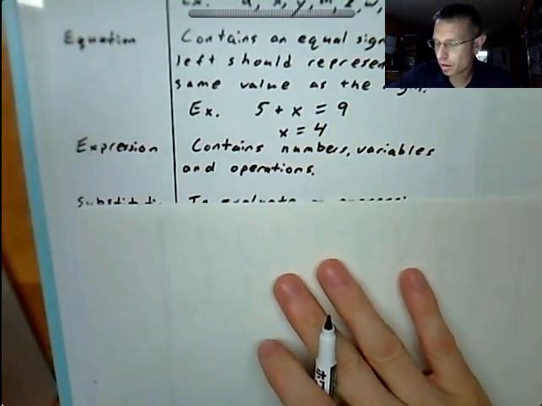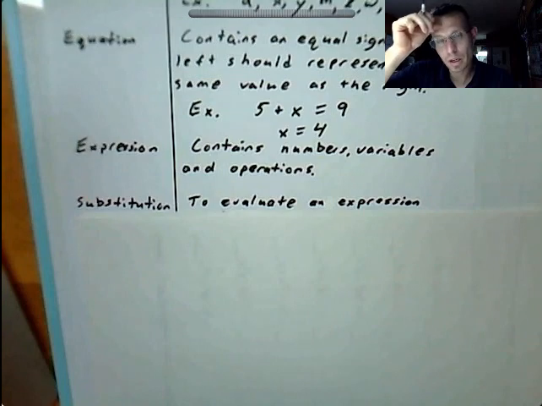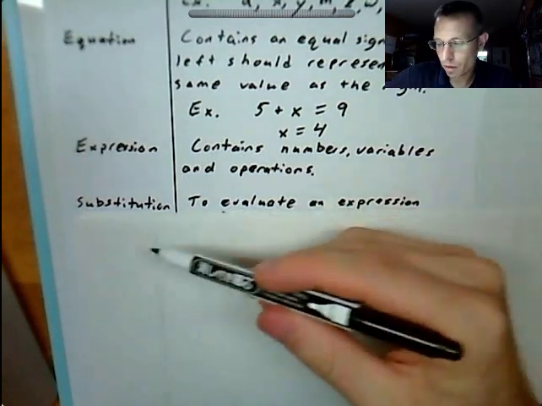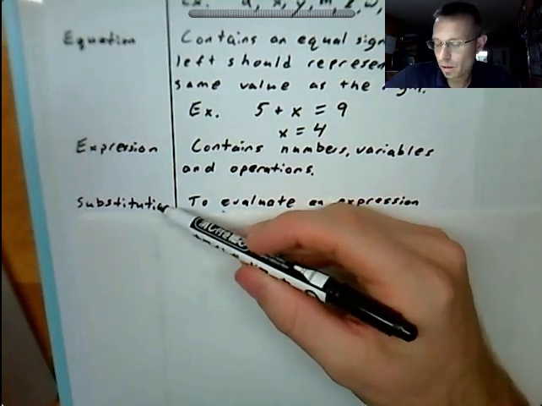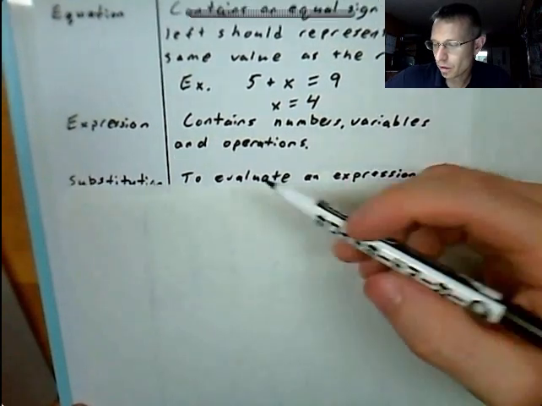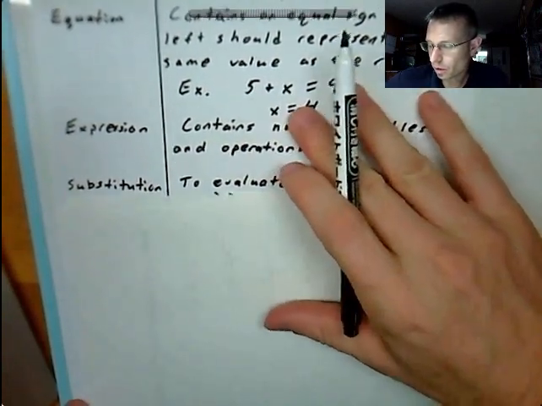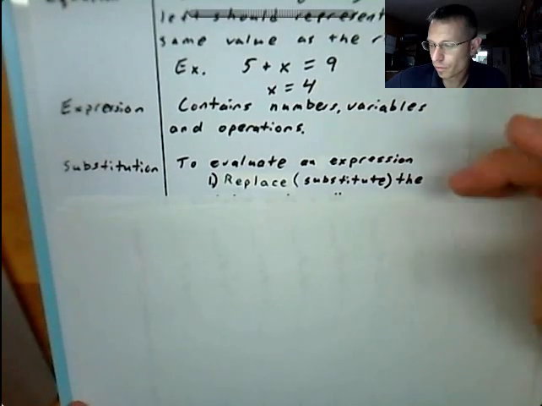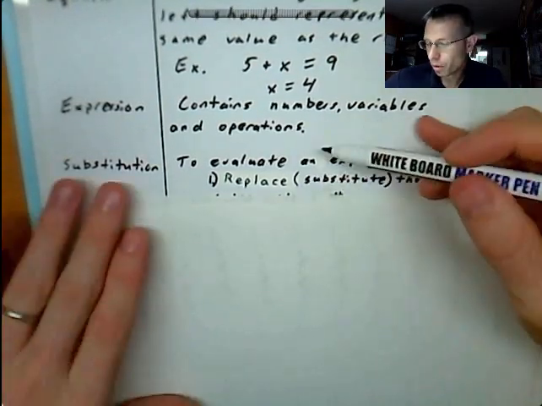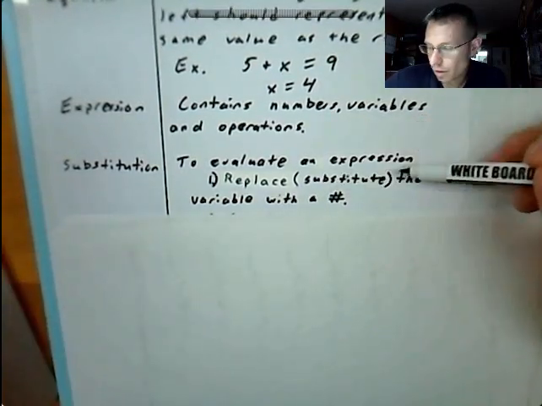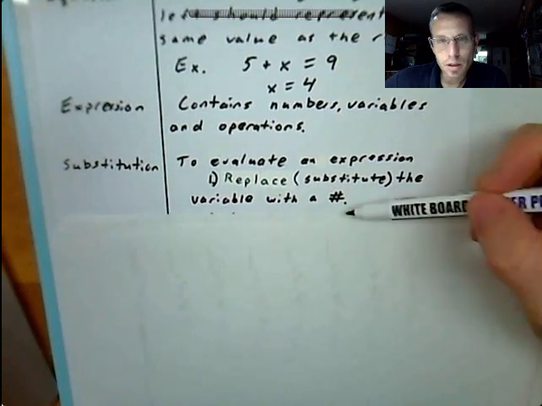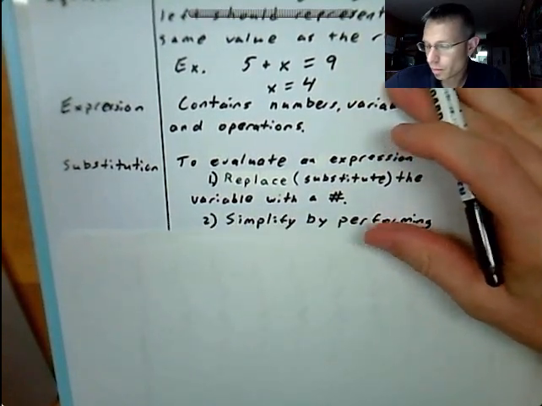And then this isn't really a vocabulary word, but this is the main thing we're talking about in this lesson, and that's substitution. To use substitution to evaluate an expression, first you'll want to replace or substitute the variable with a number. I just made the symbol for number there.